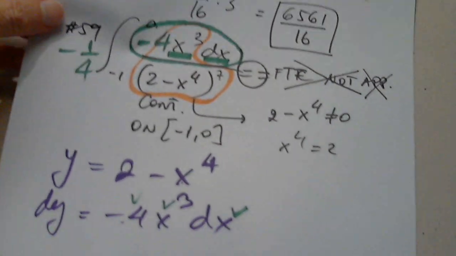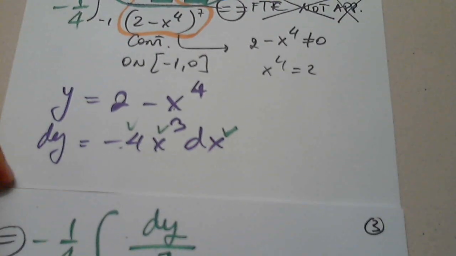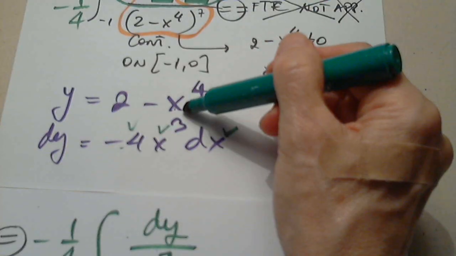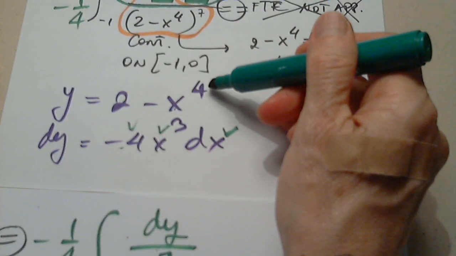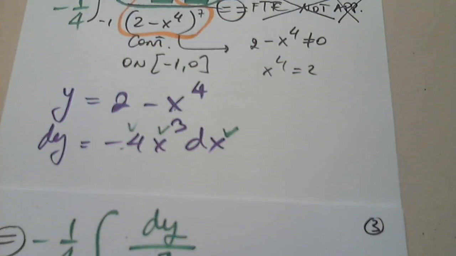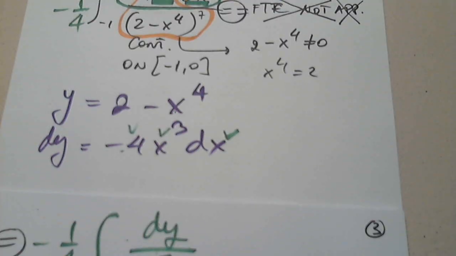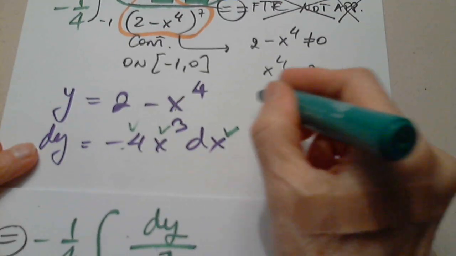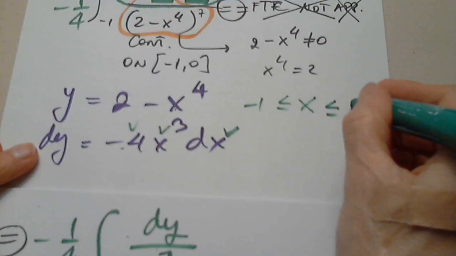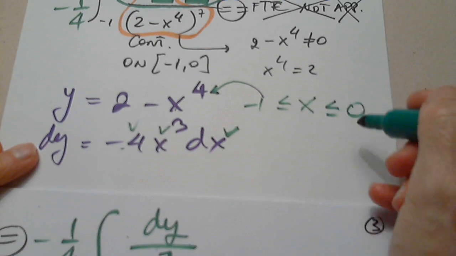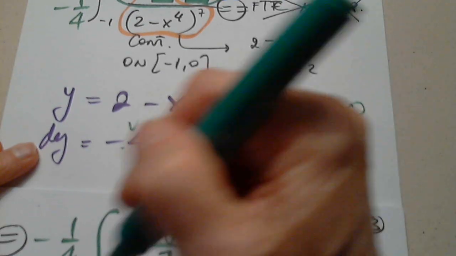I cannot continue before finding the correct limits of integration. So remember, x is between -1 and 0. When x is -1, the lower limit. When x is 0, the upper limit.